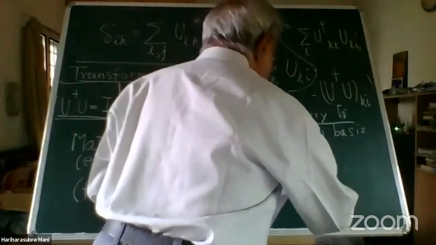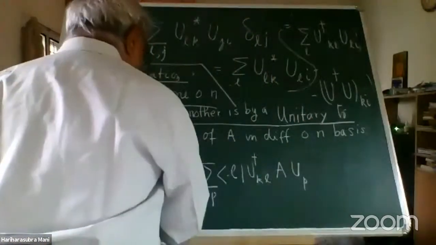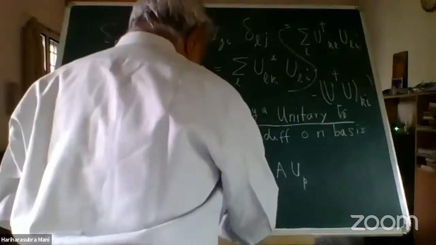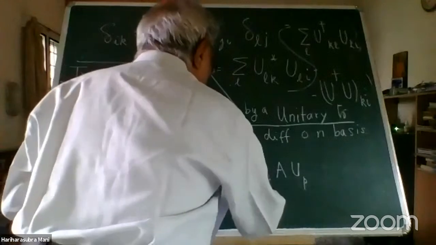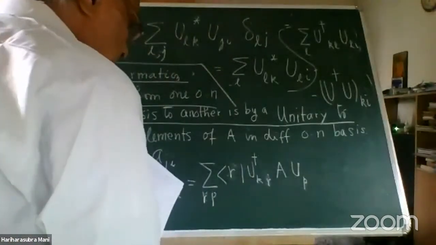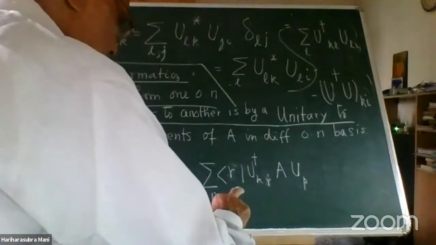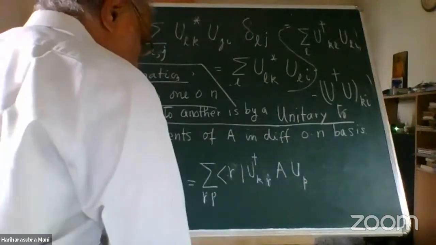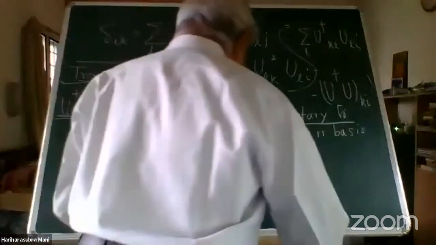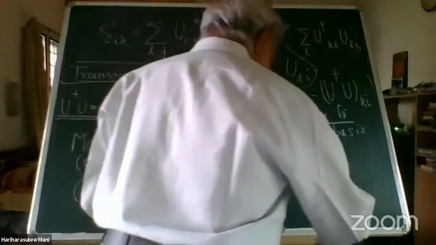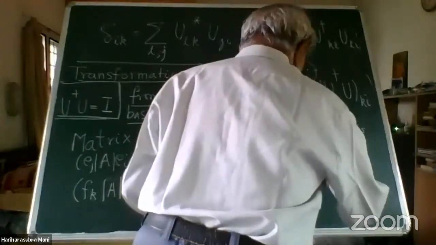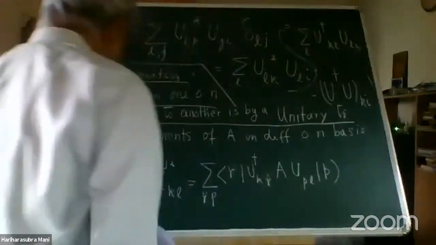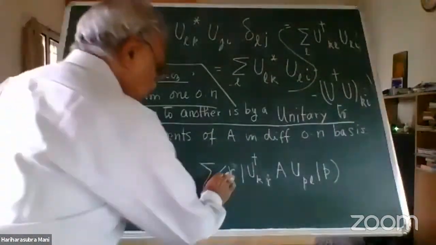L is not a good thing here to use. R, and then I have U. What should I write? U P l.